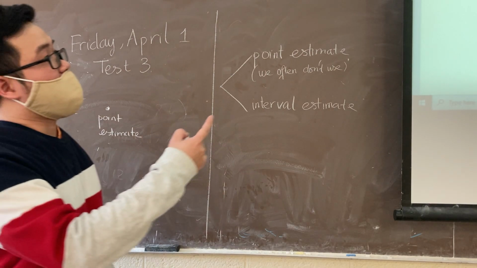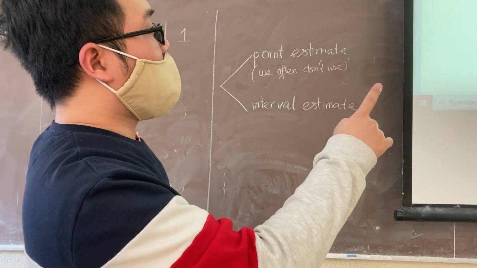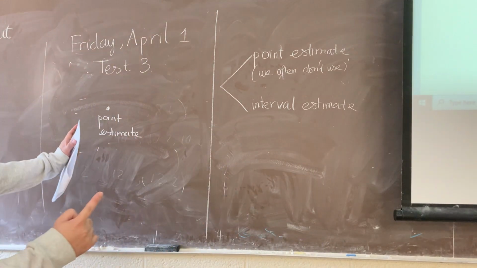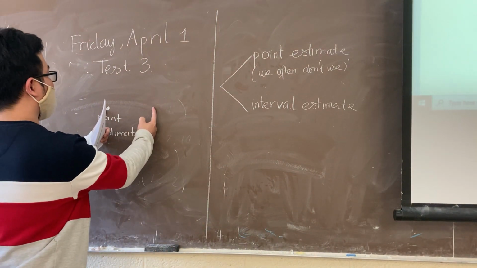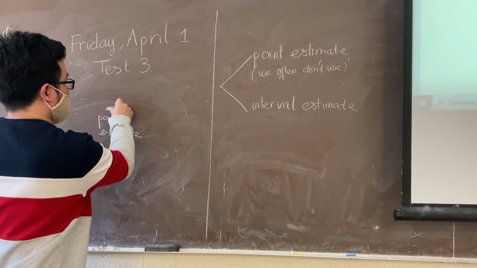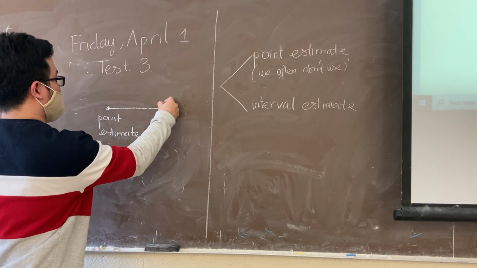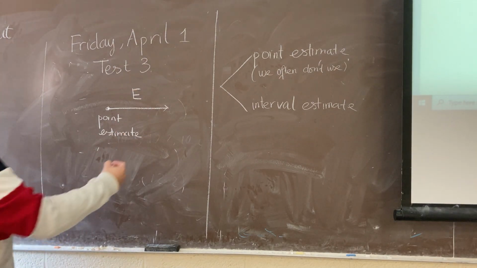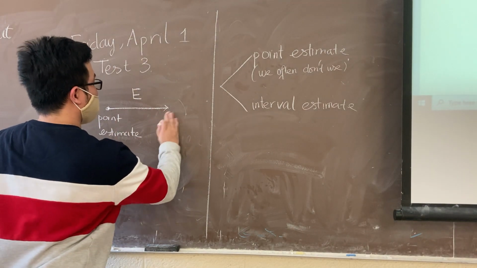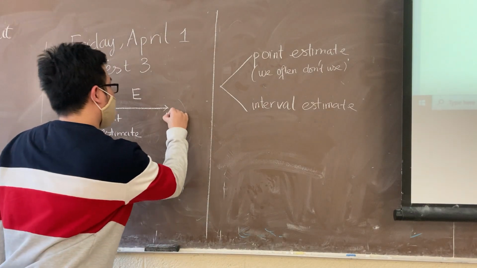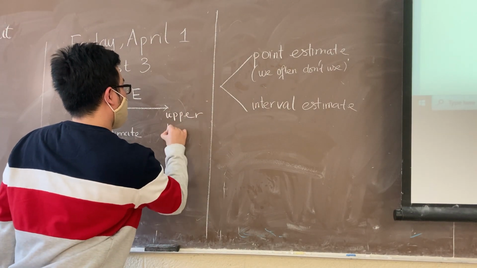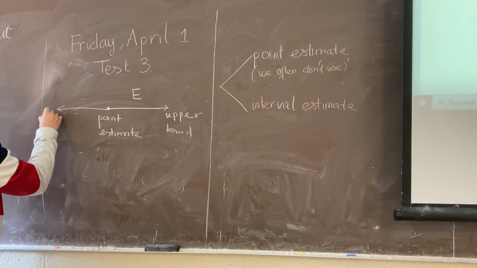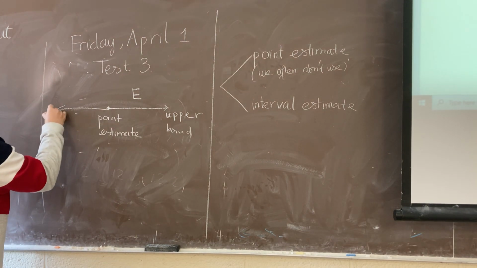The margin of error is the largest possible distance from the point estimate to the largest bound. If E is the margin of error, the maximum value is the upper bound, and the minimum value is the lower bound.